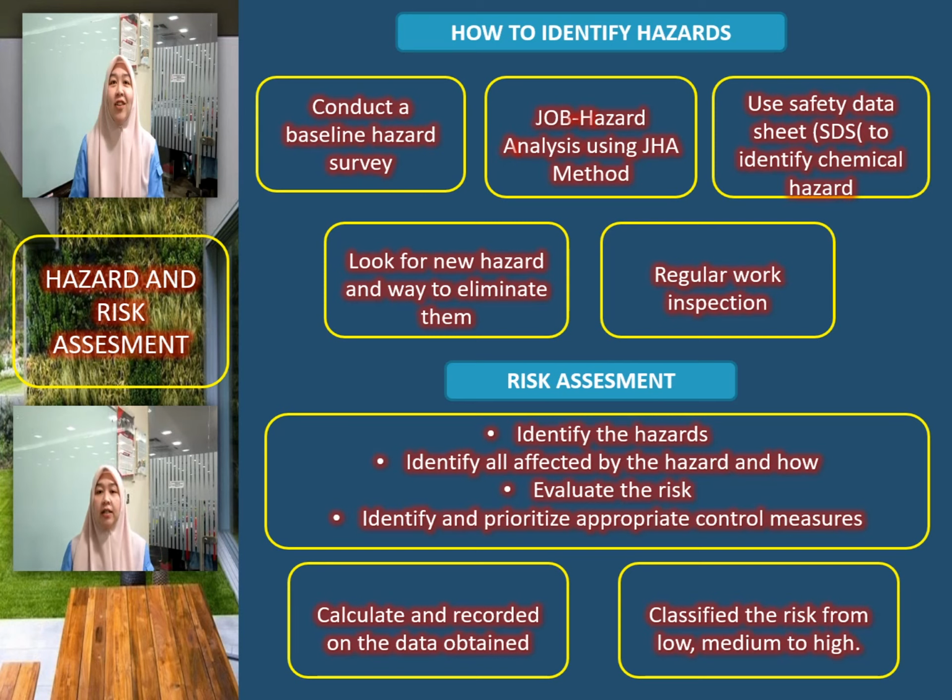Third one, you must identify the most suitable control measure that can be applied. Okay, and then calculate and record the data obtained, and then last one, classify the risk from high to medium to low level of risk.